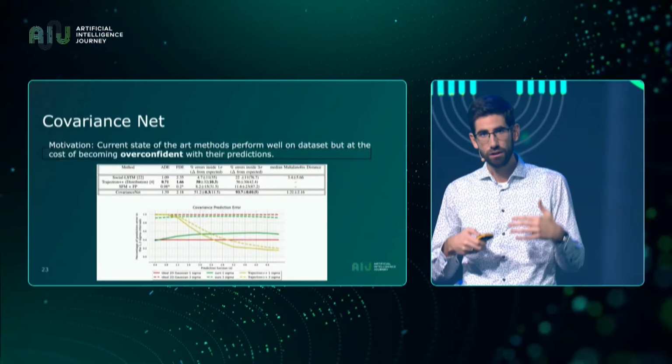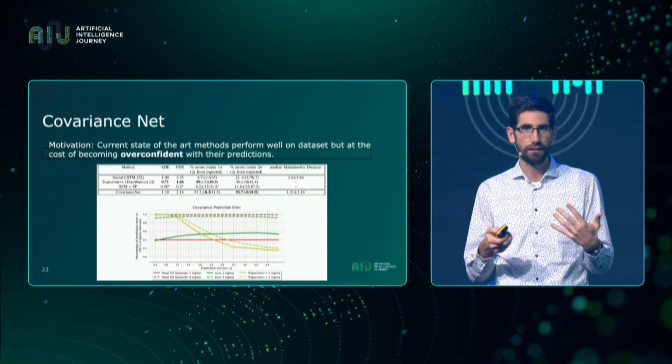This is usually a mistake, because if you overfit, if you think your prediction is going to be exactly what happens in reality, this creates a lot of artifacts in later stages. For instance, for planning, if you want your robot to move, some of these things have to be taken into account.